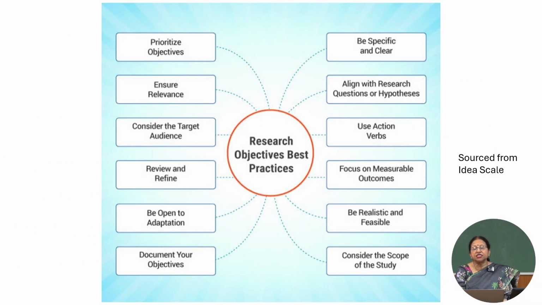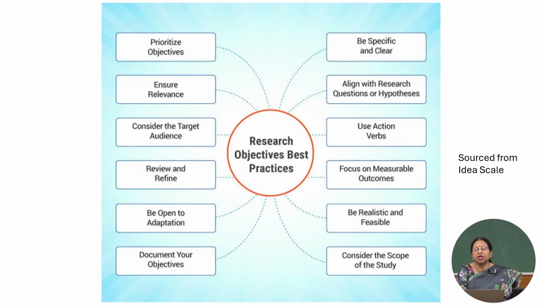Now, this is another slide which is sourced from IdeaScale. Here, research objectives and their best practices are shown. Prioritize objectives. Ensure relevance. Be specific and clear. Align with research questions and hypotheses. Consider the target audience. Use action verbs. Review and refine.